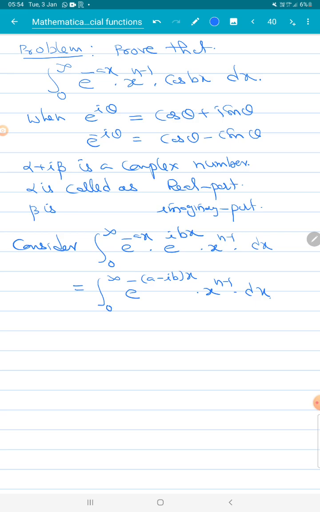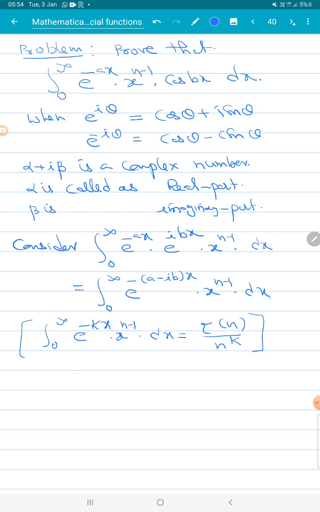Here you need to remember the formula that the integration from 0 to infinity of e power minus kx into x to the power of n minus 1 into dx is equal to gamma of n by k to the power of n. This is the known formula.